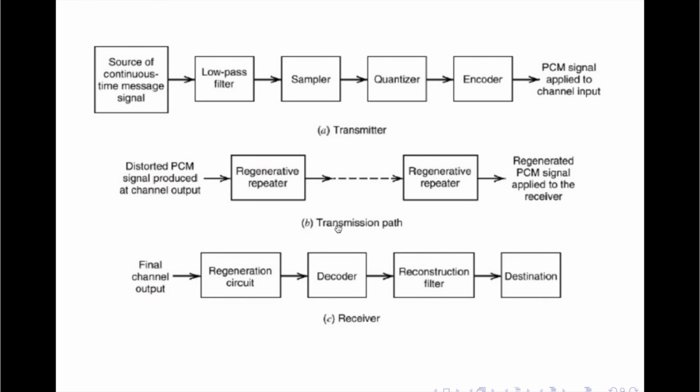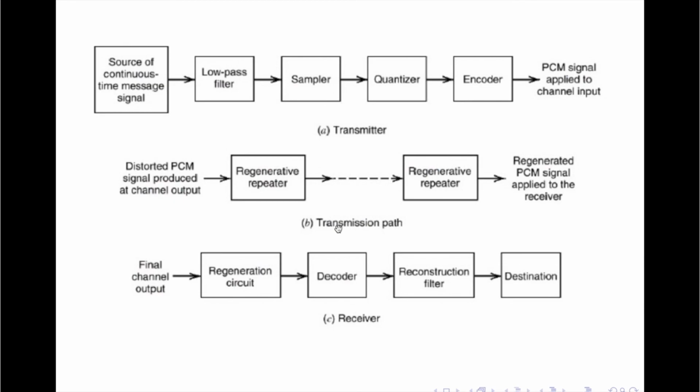Additionally, if you remember, when we were discussing pulse amplitude modulation, we said it is possible to perform time multiplexing of the input signals, thereby saving both time as well as bandwidth. In a very similar fashion, we can perform multiplexing of the PCM signals as well, thereby increasing the efficiency of the overall system.